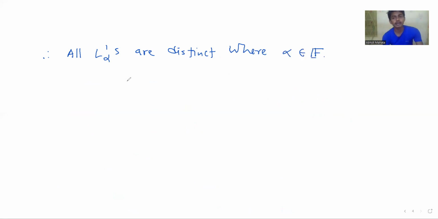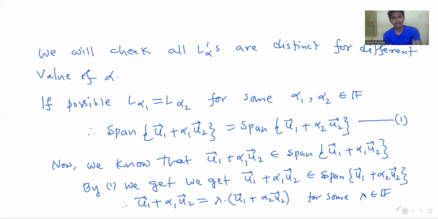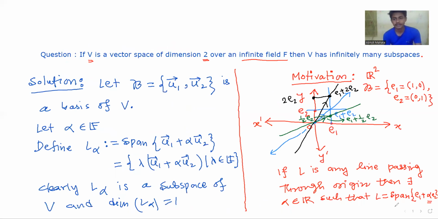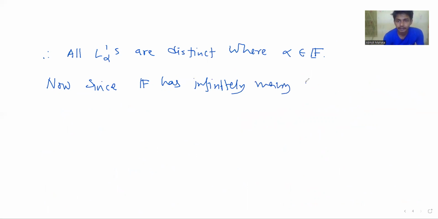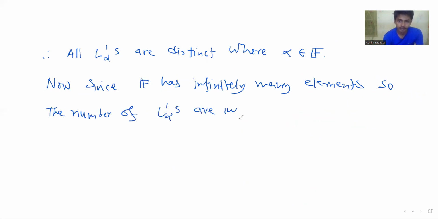So remember, L alpha is the line defined this way; L alpha is spanned by this vector. Now, since F has infinitely many elements, the number of L alphas is infinite.